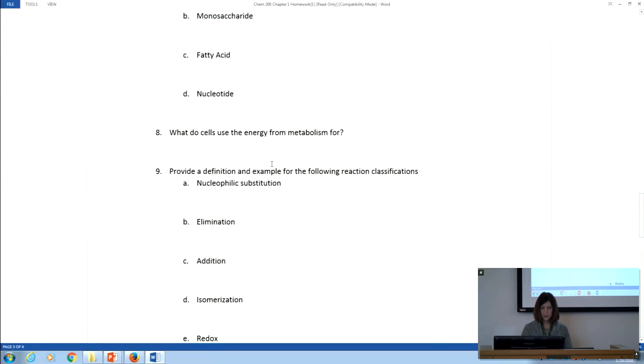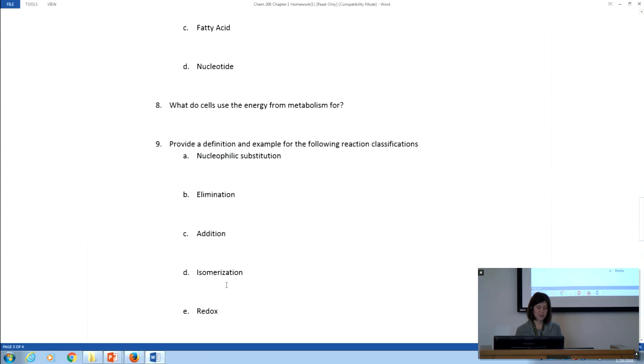So nucleophilic substitution is when a nucleophile attacks an electrophile to add or remove a group. Elimination is when you're removing groups to form a double bond. Addition is when you're adding a group. In this class, it's going to be where you take away a double bond.